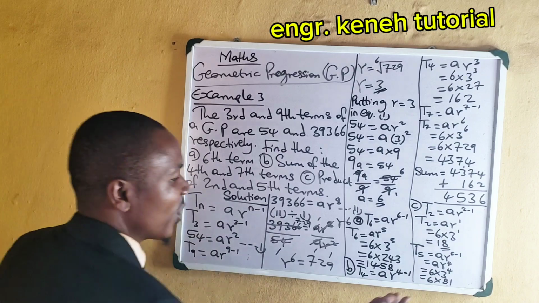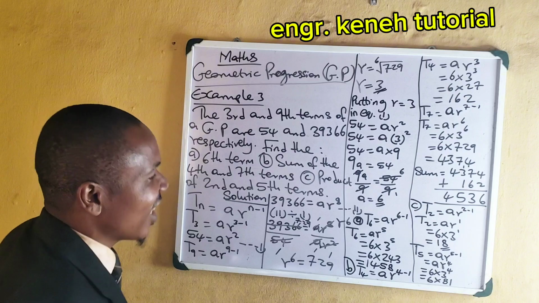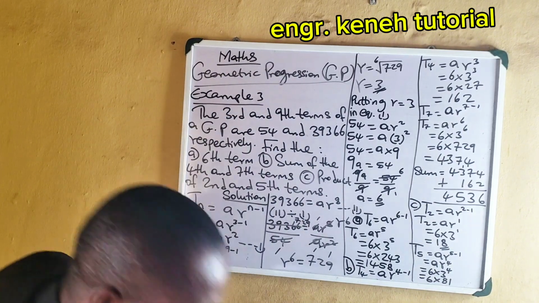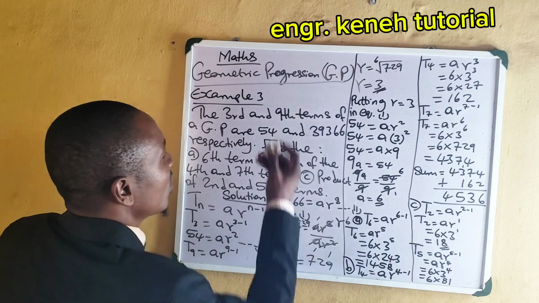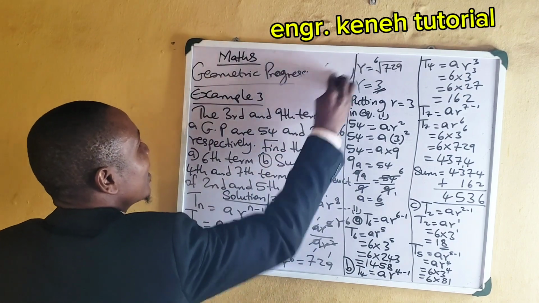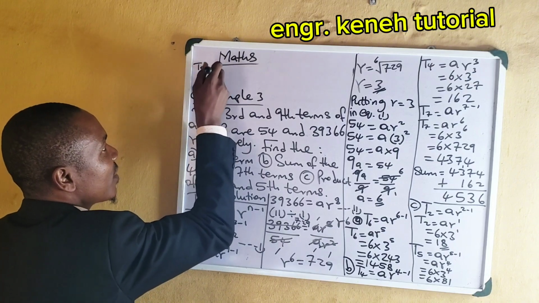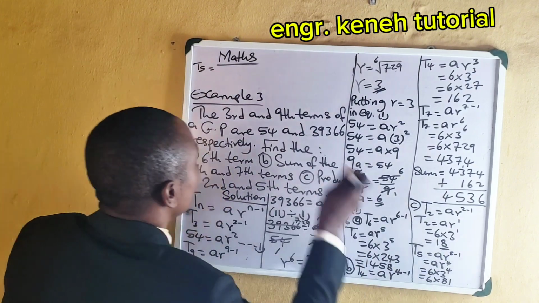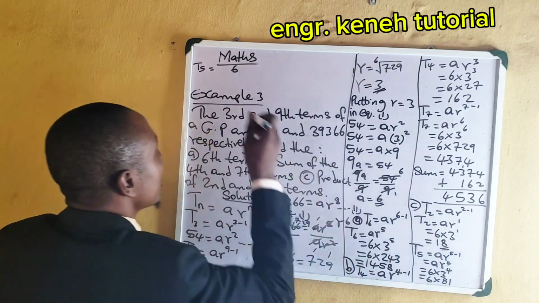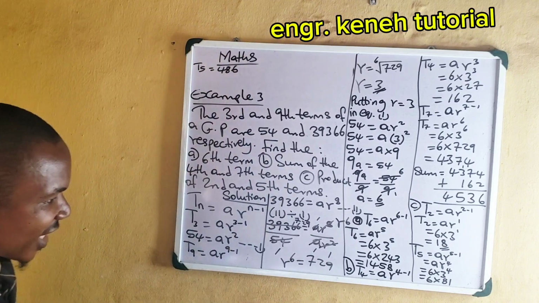We don't have much space here. Permit me to clean part of this so that I will complete the question here. Here I have T5, that is the fifth term. 6 times 1 will give me 6. 6 times 8 will give me 48. So I have 486.